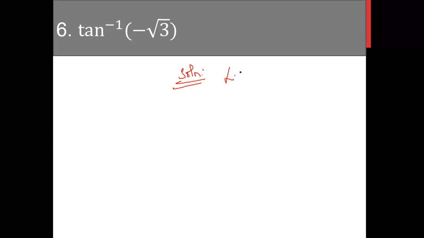It's not 2 pi by 3, Pallavi. Okay, you just check where you have gone wrong. So let y is equal to tan inverse of minus root 3. Apply tan both the sides. So it is tan y is equal to tan of tan inverse minus root 3.